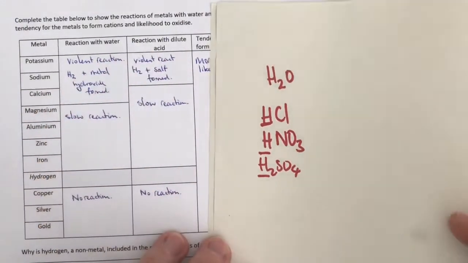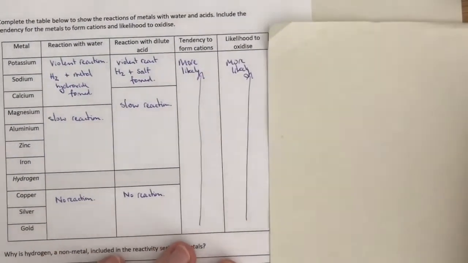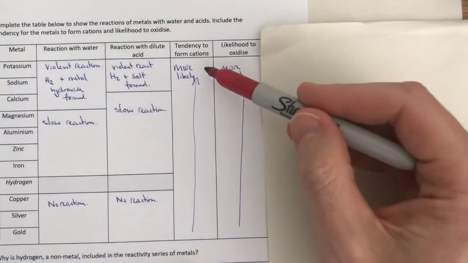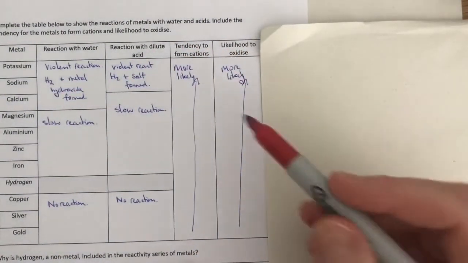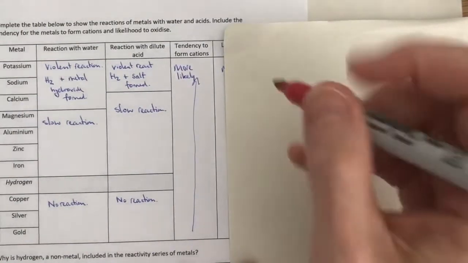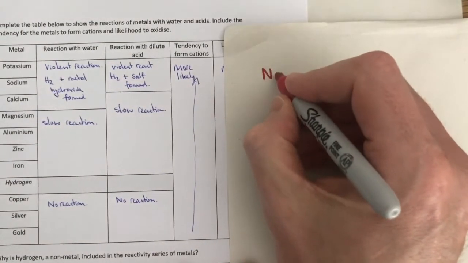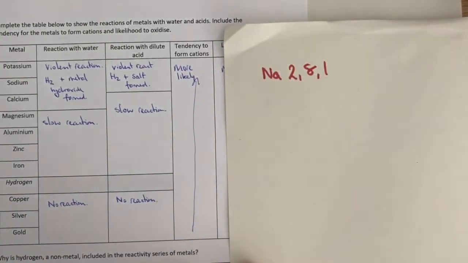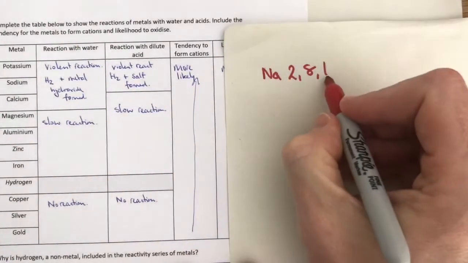with water and acids. We also need to be aware that when metals are more reactive, they are more likely to form cations. Okay, what that means, if I pick on sodium, sodium has 11 electrons, 2,8,1 is the arrangement. This is not stable.